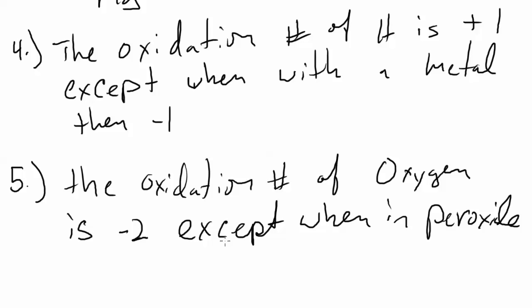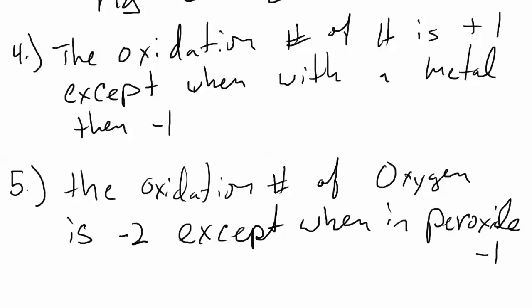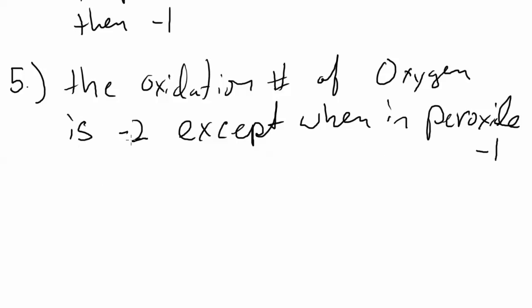So when it's in a peroxide, oxygen's oxidation number is -1. So you have to be careful there. If it's a peroxide, like hydrogen peroxide, then oxygen's oxidation number will be -1 at that point. But it's almost always going to be -2.